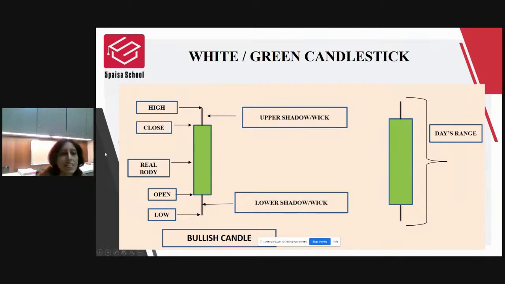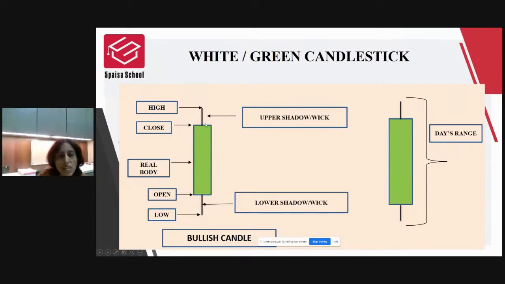Now, this is the highest price for that particular day which the market has reached. It can be for an index, a stock, or a commodity. And this at the bottom reflects the lowest price for that particular day for that financial instrument.